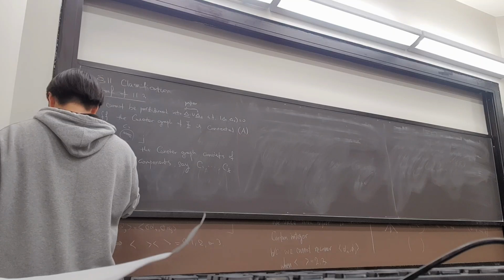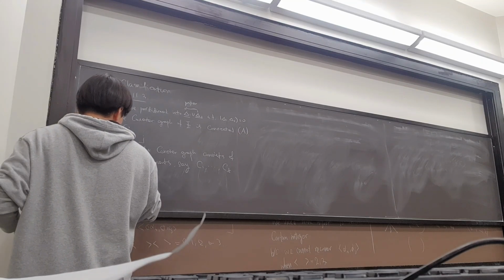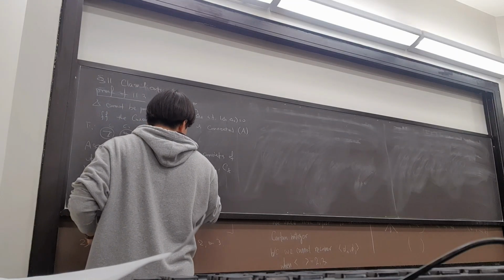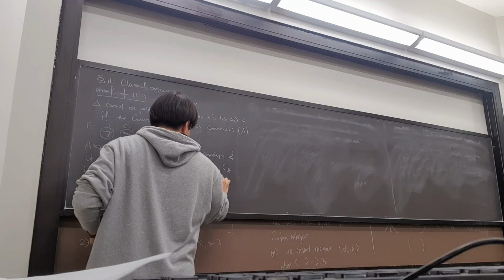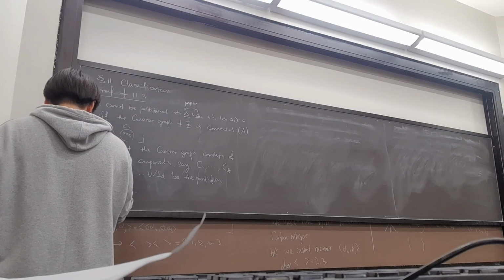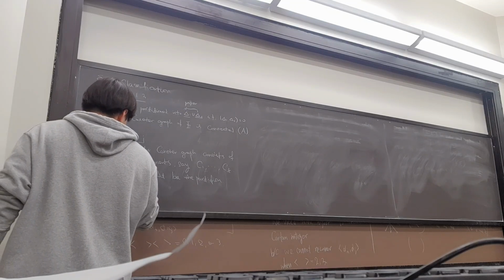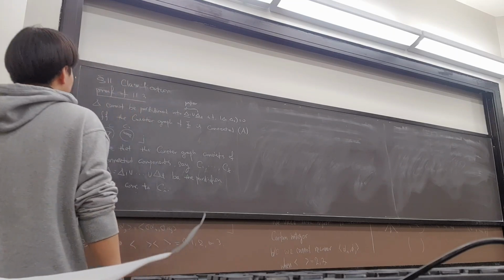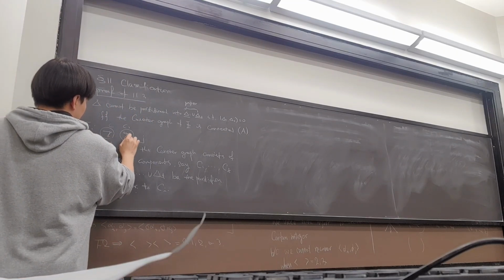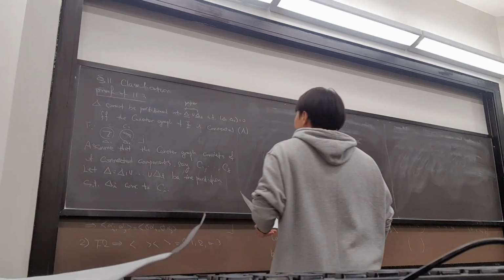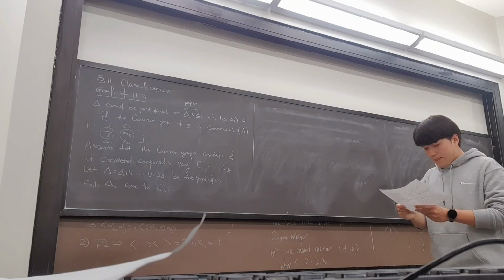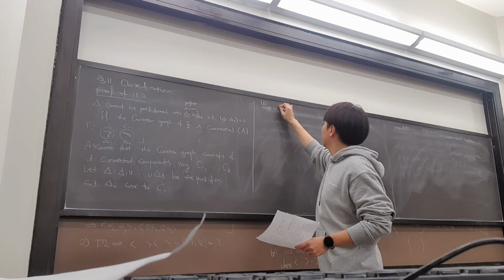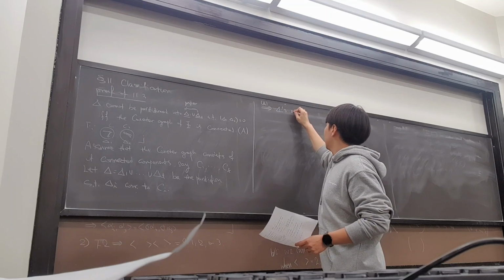And then let delta equal delta 1 union to delta t be the partition, such that delta i corresponds to C i. By the previous claim, the delta i are mutually orthogonal.